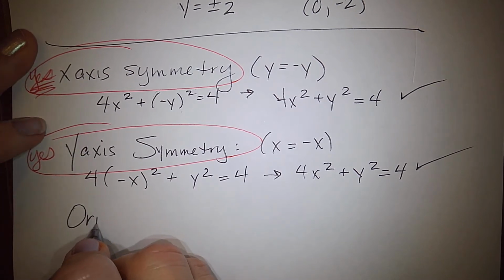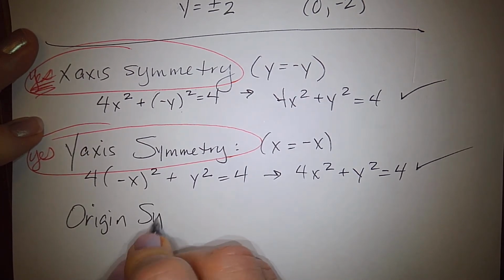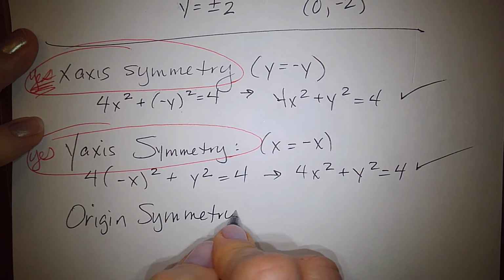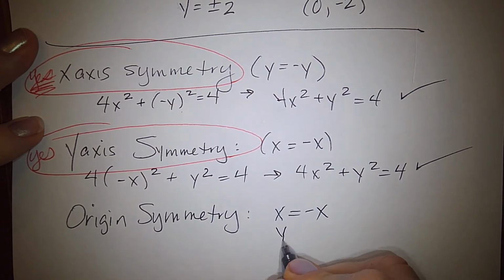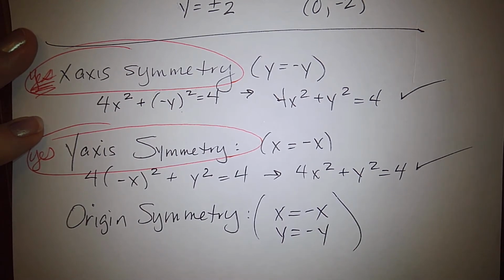The last type of symmetry is origin that we will be checking for. To check for origin symmetry, not only do we put in -x, but we also put in -y. So we'll substitute both of those values in. So into the original, we'll put -x and we'll put -y.